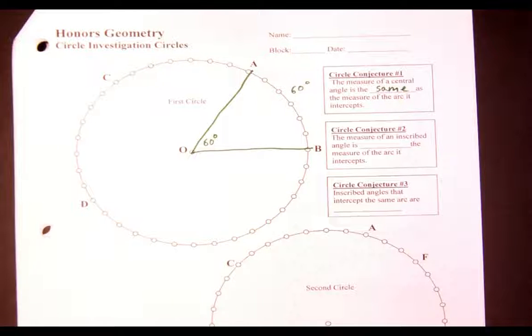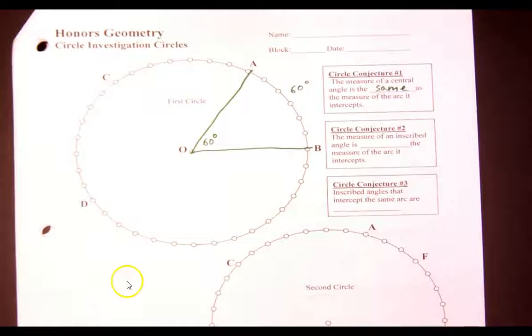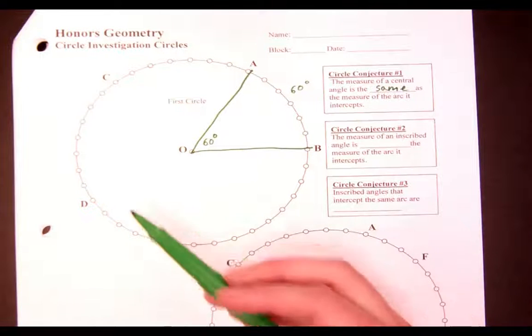All right, desk 10 in the back. What do you get for conjecture number 2? Okay, so they were both 30 when you did them.